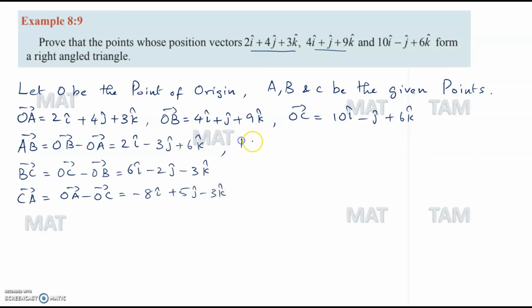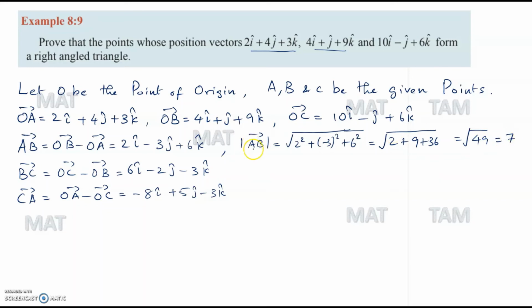Now we can find the magnitude of AB vector as square root of 2 squared plus minus 3 squared plus 6 squared, which is equal to square root of 4 plus 9 plus 36, which is equal to root of 49, which is 7.